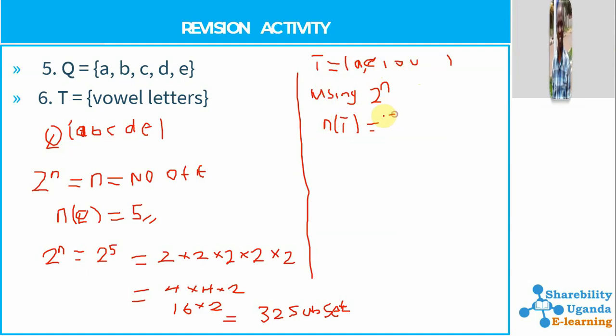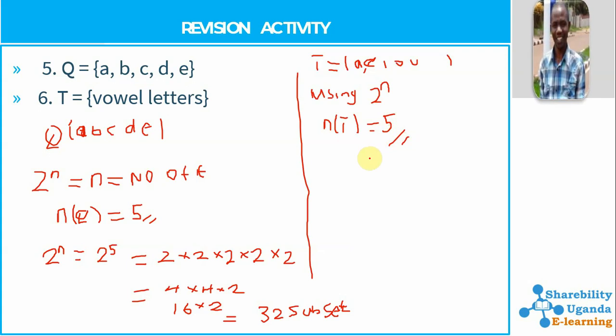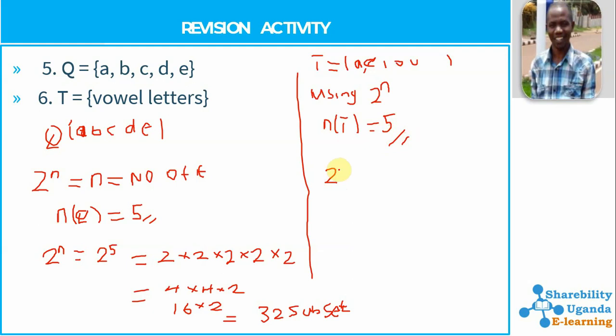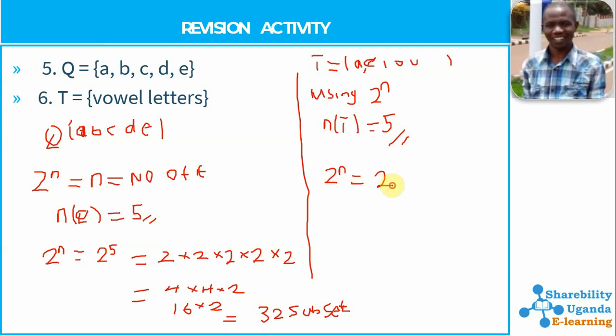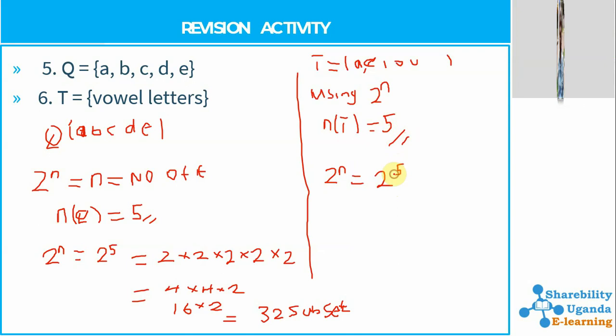So we have also got 5 elements within our set. That means 2 to the power n is also equal to 2 to the power 5.